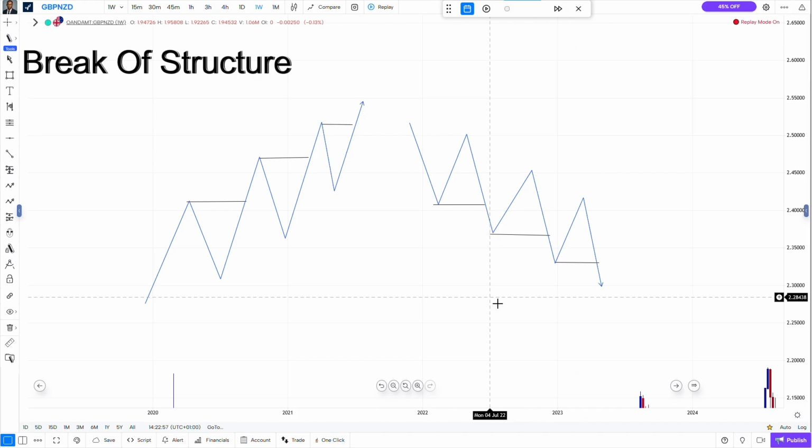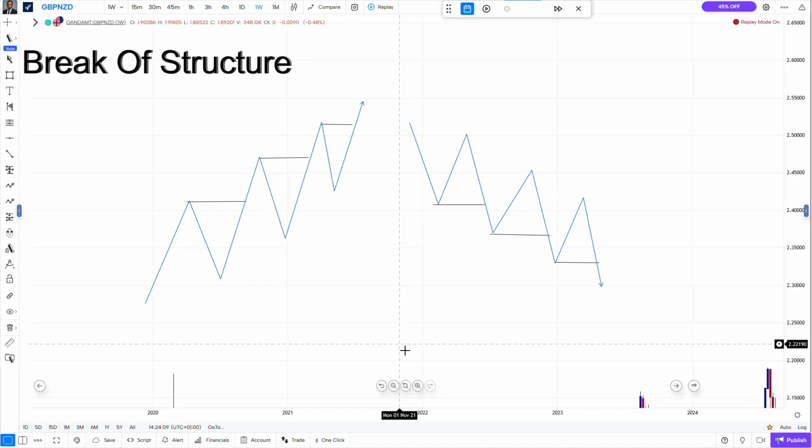I want to be outside that kind of market situation. If the market is breaking structures to the upside and to the downside at the same time, then that will mean a ranging market. As a swing trader, you want to stay out of that kind of market condition.